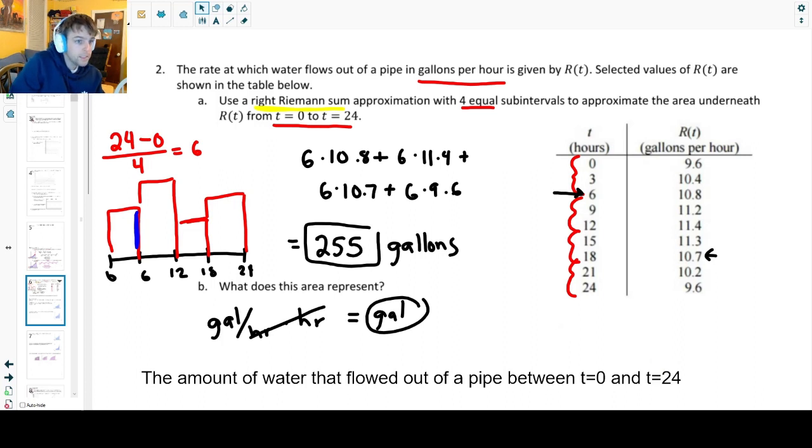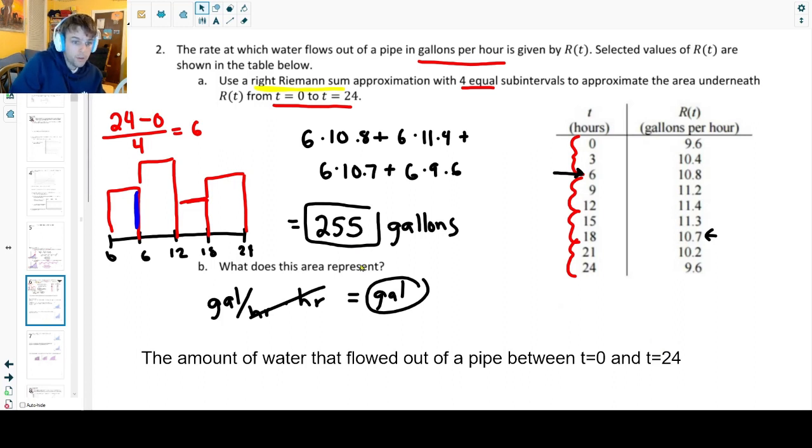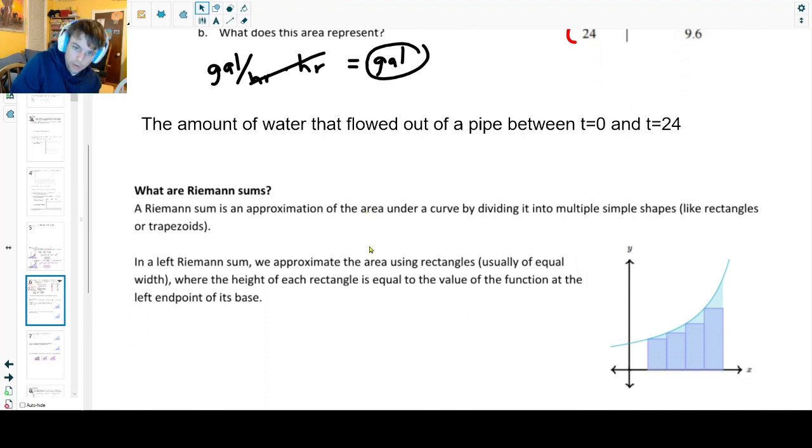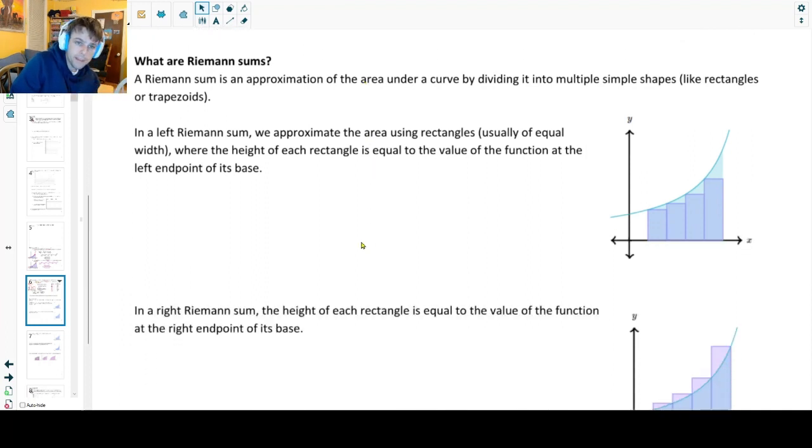Cool. Alrighty, we're going to go ahead and look at a little bit more here, just some general information about Riemann sums. So what are Riemann sums? They're an approximation of the area under the curve using rectangles, or in the future we may look at some other shapes like trapezoids.